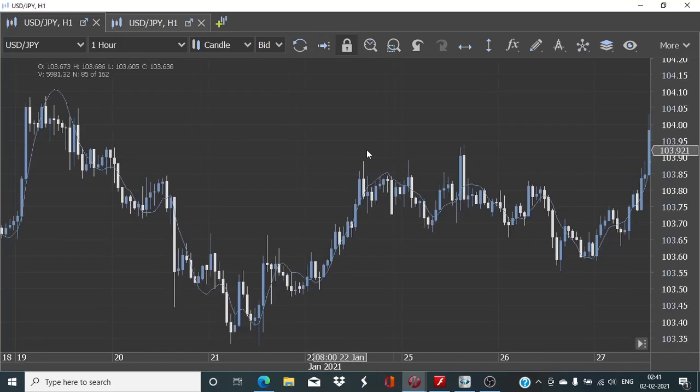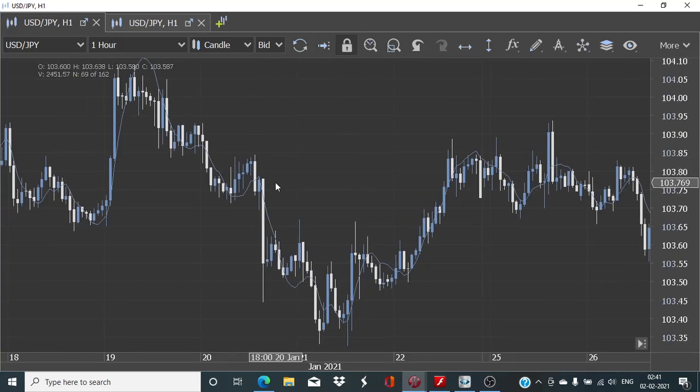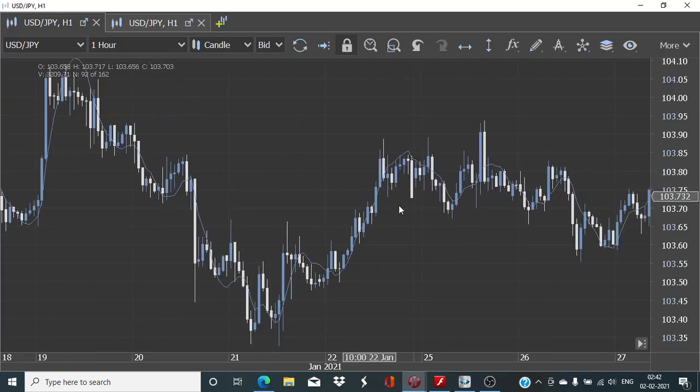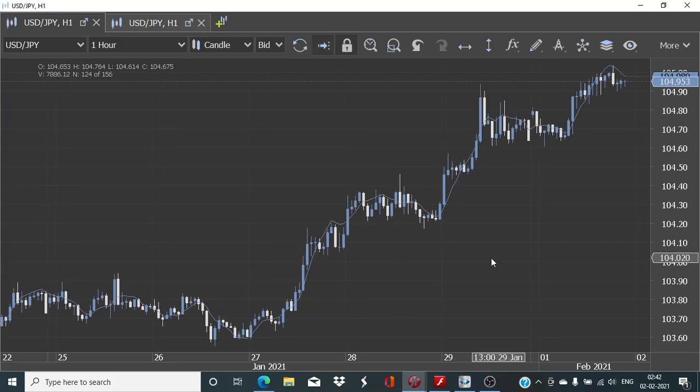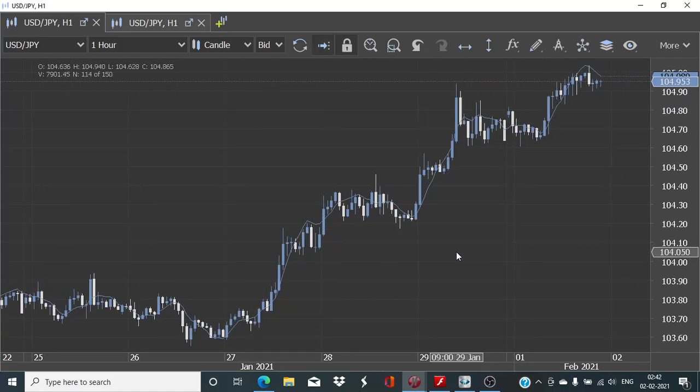For the sell side, we need the prior candle to have closed above the linear regression value, and the linear regression value should be in decline. And now, for the last hour, the price action has gone down with substantial selling momentum, so we can look for a fresh shorting opportunity.